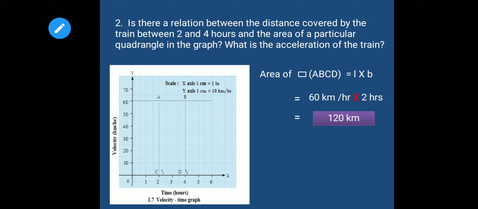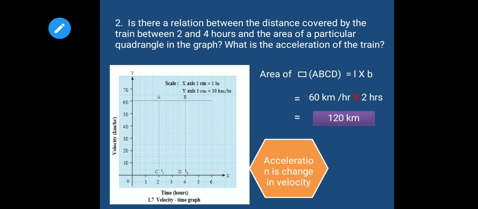Okay. Now the next question is, what is the acceleration of the train? Children, here acceleration is 0. Why? Because we know that acceleration is change in velocity. So here velocity is not changing. Velocity is constant, that is 60 kilometer per hour.